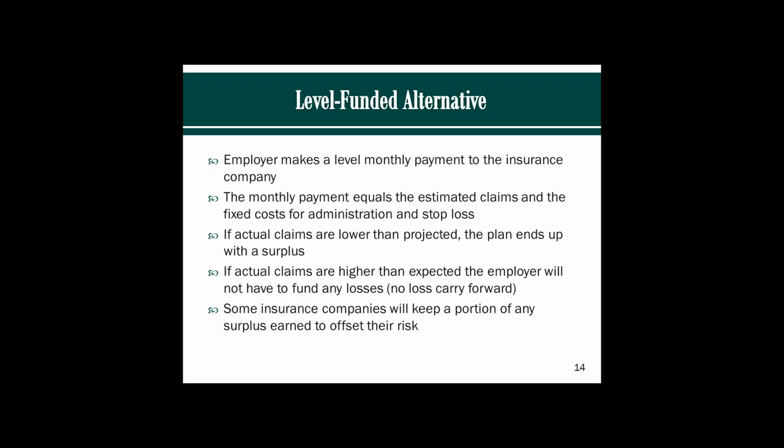The monthly payment equals the estimated claims that an underwriter helps us determine, plus the fixed cost for administration and stop loss. All three of those parts of the cost, which in a normal self-funded arrangement you would be paying separately, come together in this case. And so it looks like a fully insured product. It feels like a fully insured product, but it's in fact self-funded.